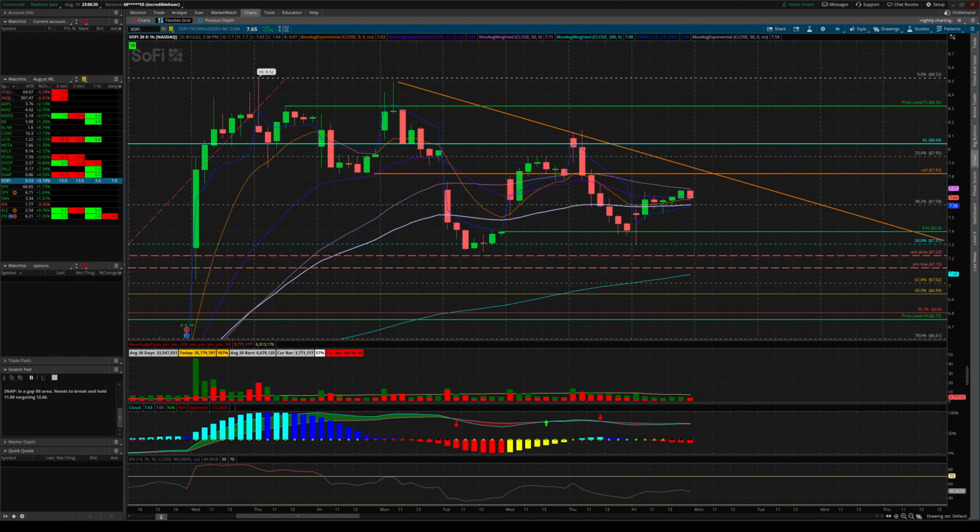All right, so what I'm going to be looking at is a break of 7.82 for calls or a hold of 7.59. If it breaks 7.59, which is the 0.382 fib level, I'll look for puts.